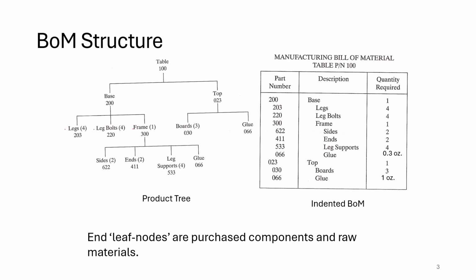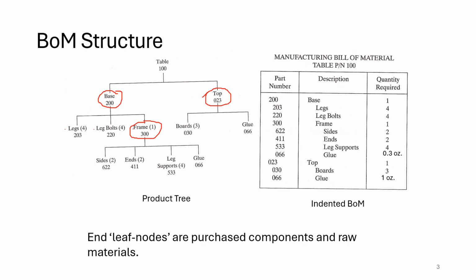And all these components that are branched into several other subcomponents or parts are also called branch nodes, and these represent subassemblies. So in this example, the base, the top, and the frame, these are all subassemblies because they are not individual parts themselves, and to make one of these subassemblies, we need individual parts.